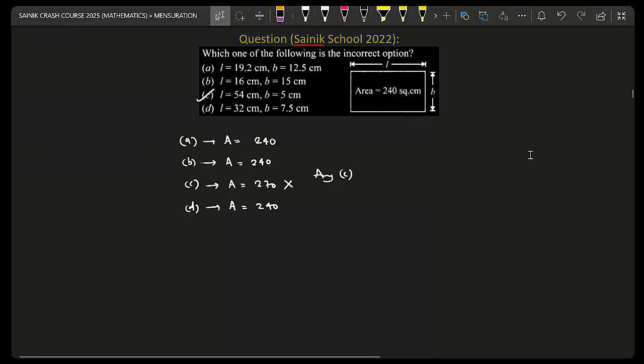Mayuk, any other method? Vishnu, can you suggest any method?